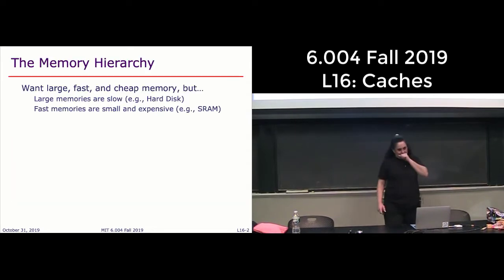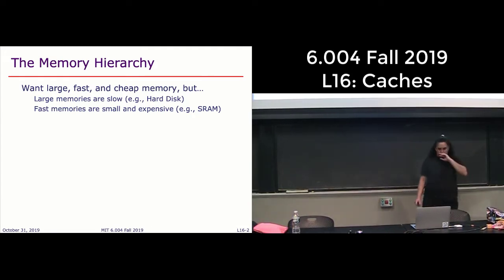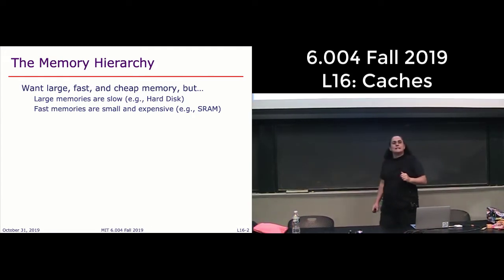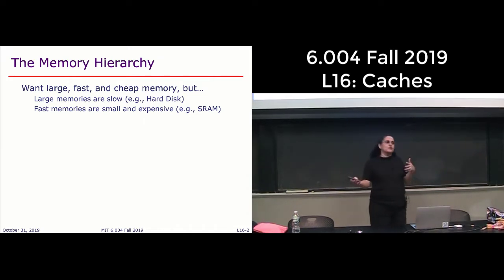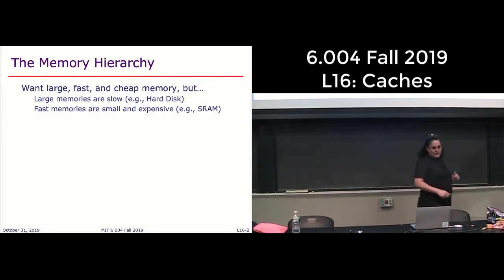And so we're going to follow up on our discussion from Tuesday's lecture, where we learned about all the different types of memory technologies and how we can use them in a hierarchical fashion in order to take advantage of each of the trade-offs between these different technologies.